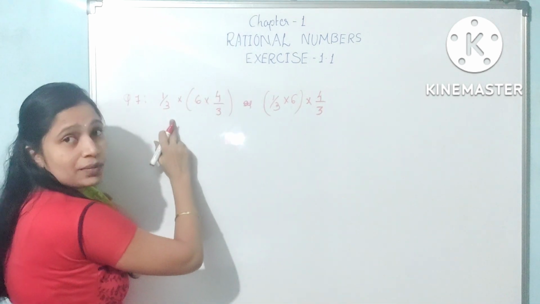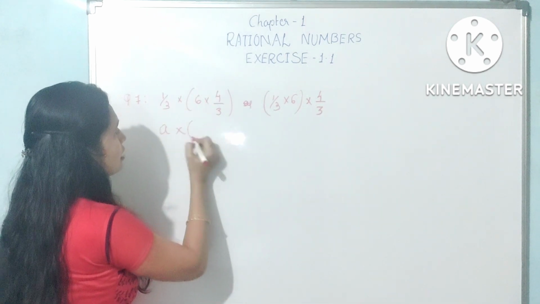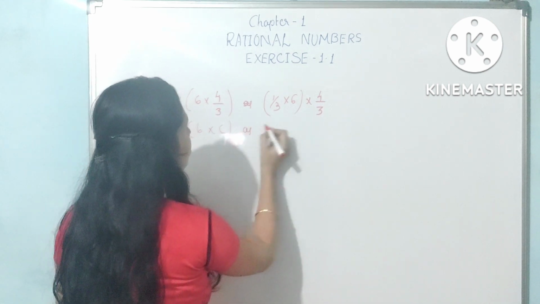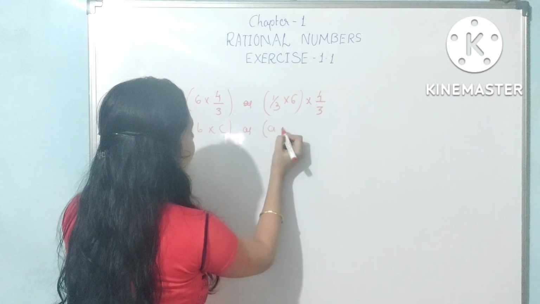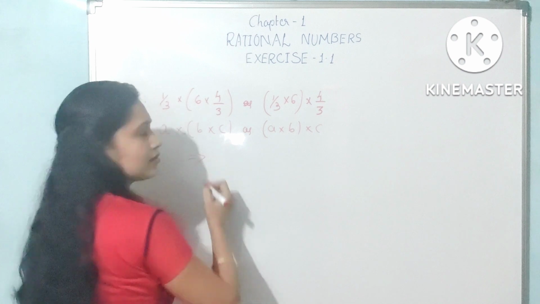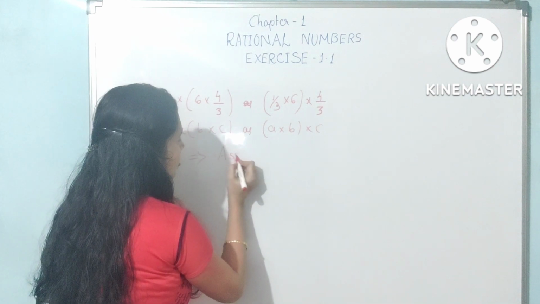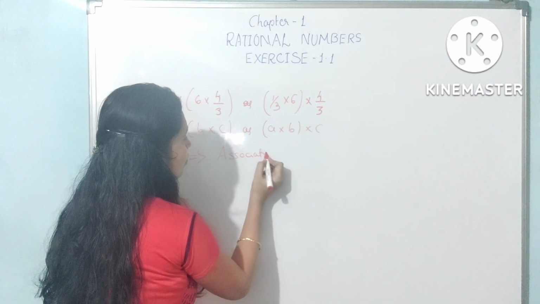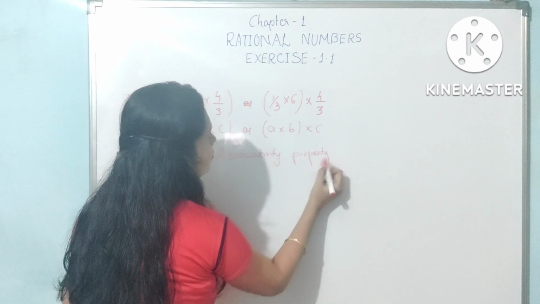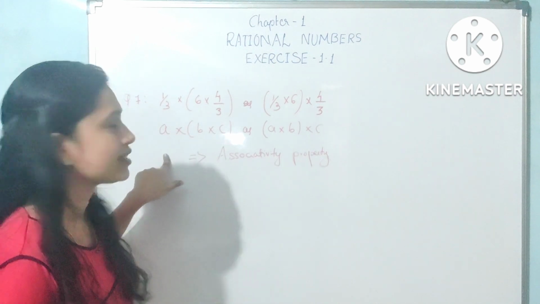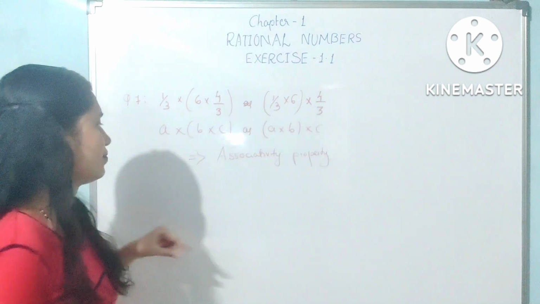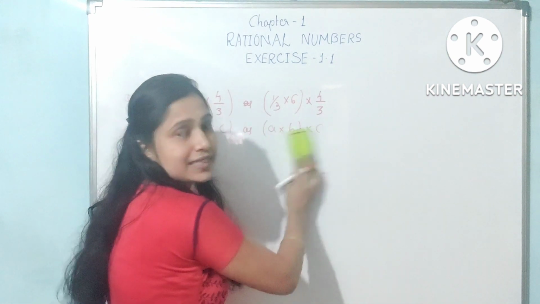See here, let's consider 1 by 3 as A, 6 as B, and 4 by 3 as C. So A into B into C is nothing but associativity property, right? What does the associative property tell? A into B into C as A into B into C. Okay, the next one.